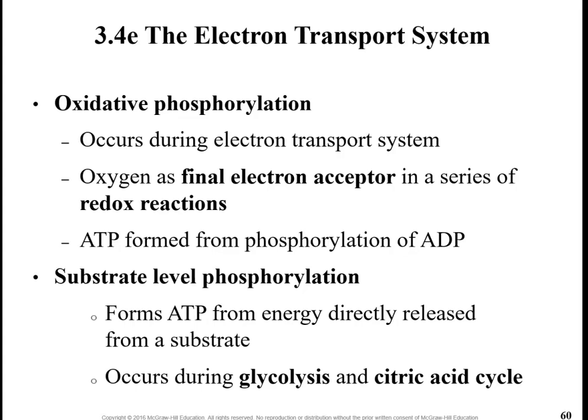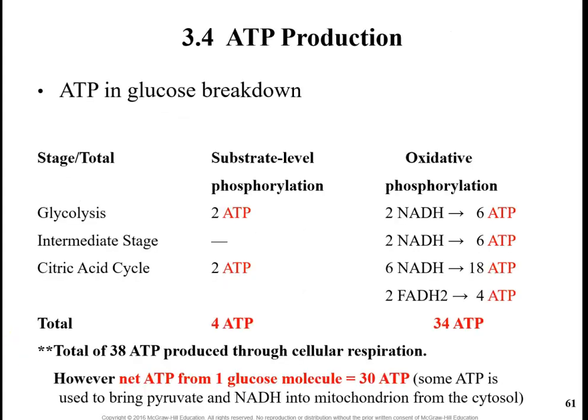You, on the other hand, can have substrate level phosphorylation, and this forms ATP from energy directly released from a substrate, and we saw this in the steps in glycolysis and in the citric acid cycle. ATP production, so ATP in the glucose breakdown.